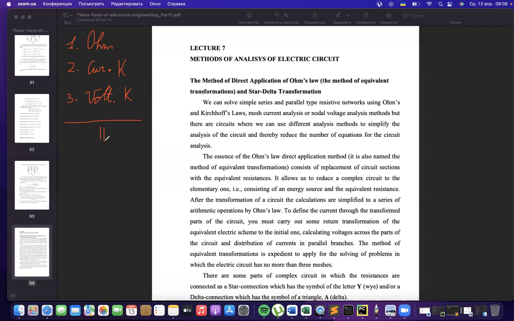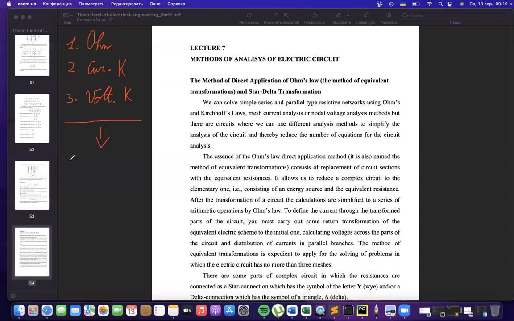Also, starting from these laws, we discussed a couple of mathematical transformations, how we could use them to calculate an electrical circuit. It means to find all voltages, currents, and powers on any elements, just to determine the working mode of this system.